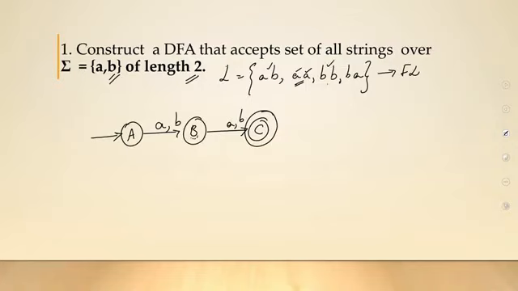The last one is BA. I can travel from the initial state, encounter a B and come to my state B, then encounter an A, and reach my final state C. Now all these 4 strings are satisfied.